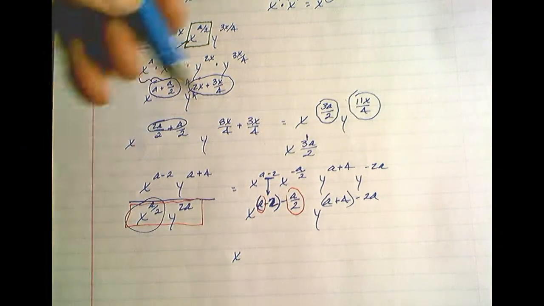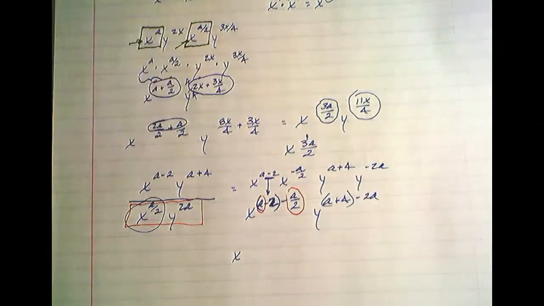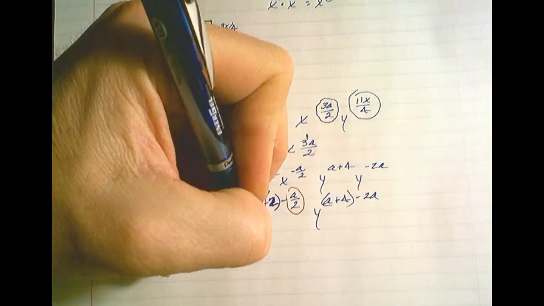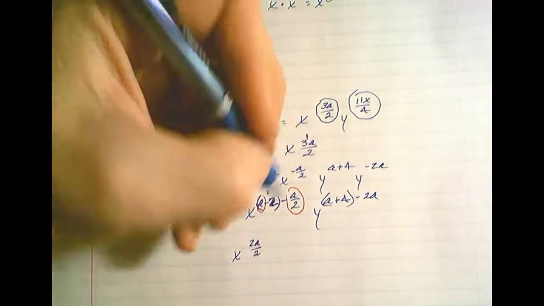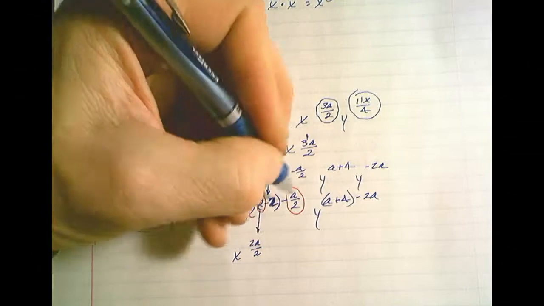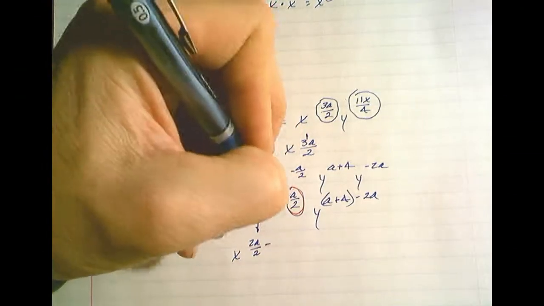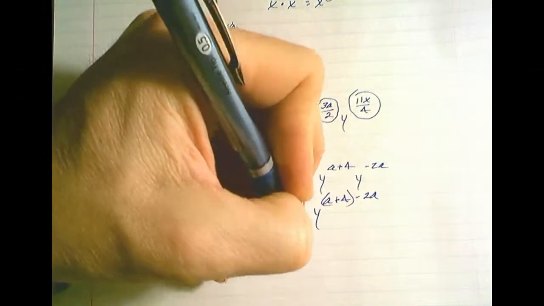We can't combine that 2 because we have an a here and an a here, so it's just going to be dragged along, so why even mess with it? So that being the case, we'll write this as 2a over 2, a common denominator with this one, and I'm going to move this over in front of this 2, minus a over 2 minus 2.